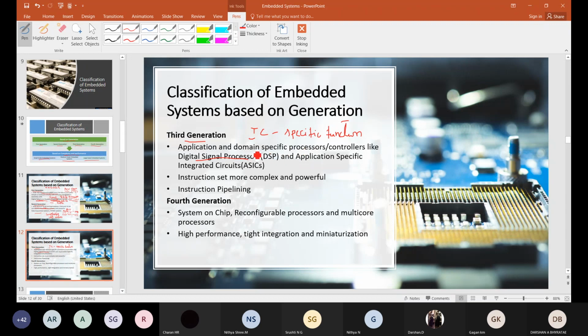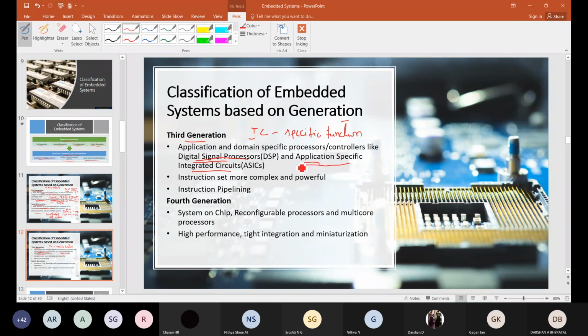Here also, in the same way, the third generation embedded system uses different ICs for specific functionalities. The IC may be a digital signal processor or an ASIC, application specific integrated circuit. All these are ICs. We use the specific IC for the specific task or functionality.